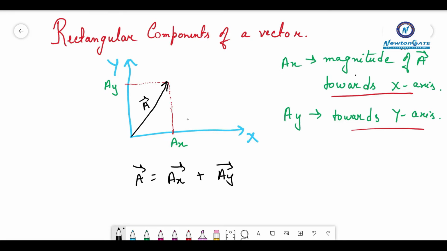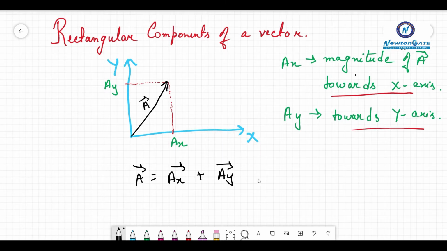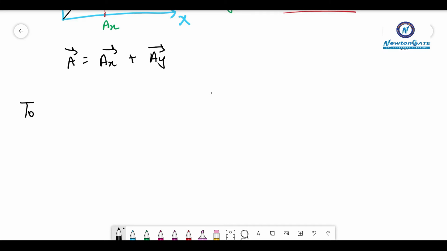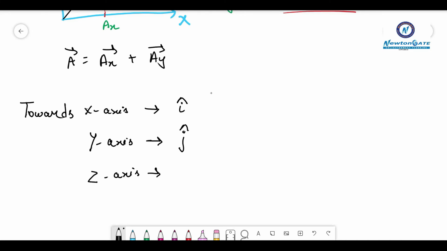But if I have to split it into the magnitude and the direction value, then towards the x-axis the direction is given by i cap, towards the y-axis by j cap, and towards the z-axis by k cap.